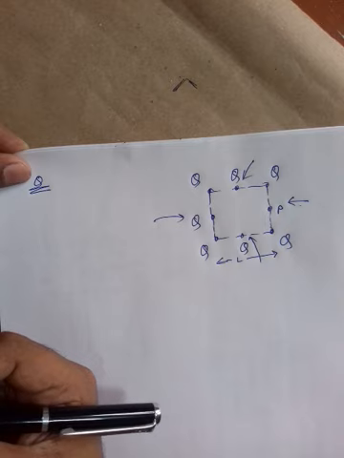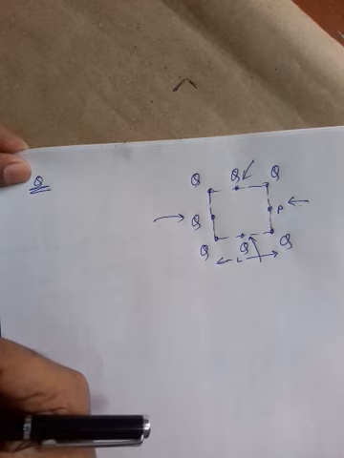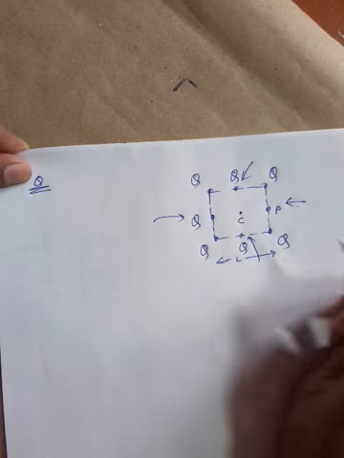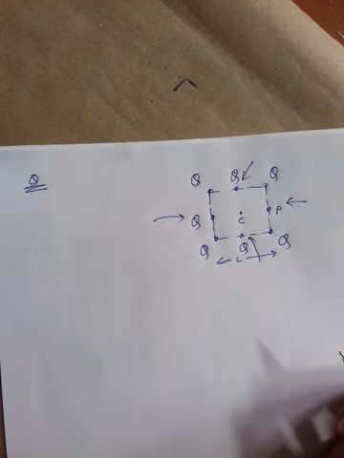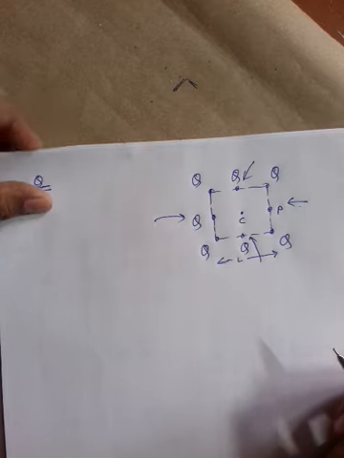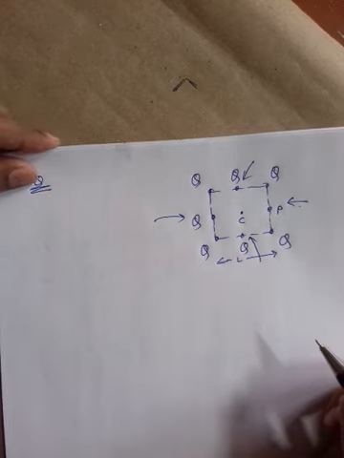Find the electric field due to all of them at the center of the square.